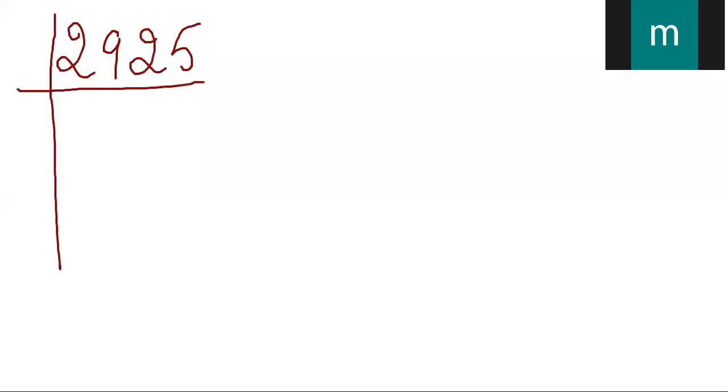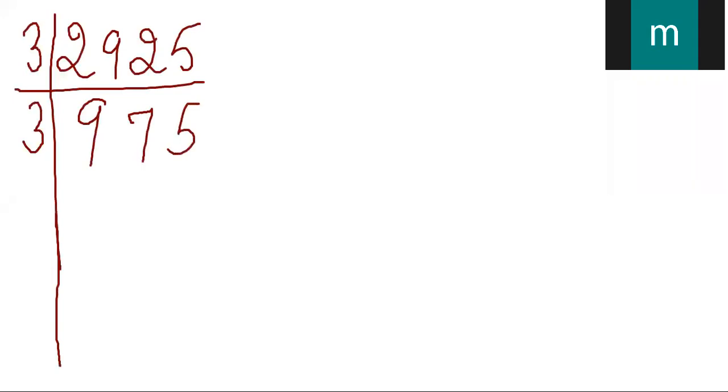The next part is 2925. You have to tell by which number this number should be divided. So firstly, we'll do the prime factorization. It will not go on 2 because it's not even. So let's check 3. 9 to 11, 11 and 2 is 13, and 5 is 18. Yes, it will go on 3. 975.